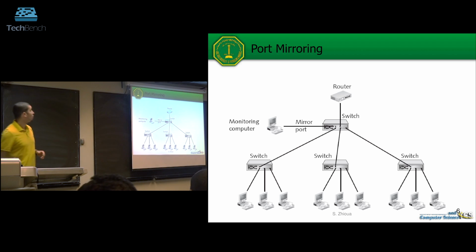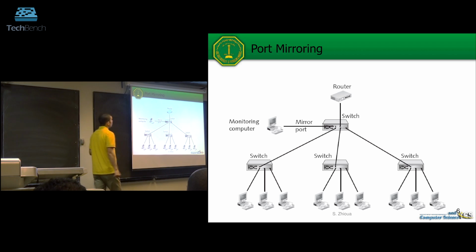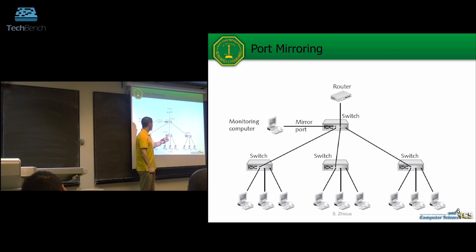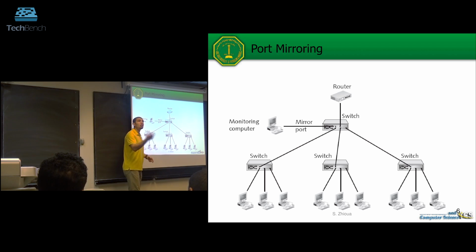The first technique to capture the traffic is port mirroring. In the network devices, the switches or the routers, you have an extra port that will send all the packets going through that network device to some monitoring computer.